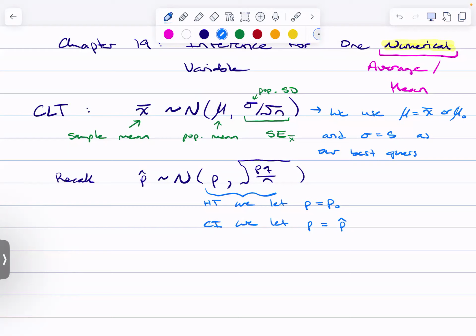But I haven't introduced mu naught, but you can kind of guess your way there. I think your hypothesized value for the mean. So we use an estimate for mu and we use an estimate for sigma. And what happens is we kind of end up taking this normal for a ride.